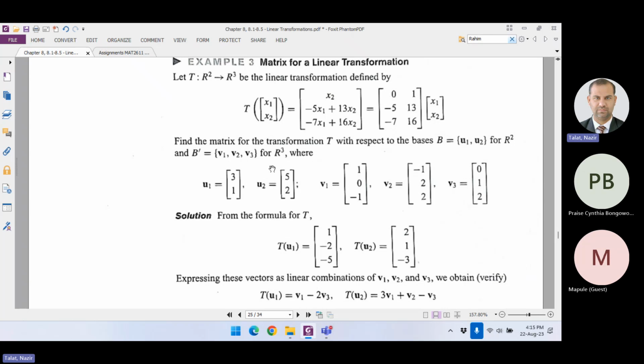And if we put the second element of the basis, u2, like (5, 2), in T, then it gives us the image, which is (2, -1, -3).